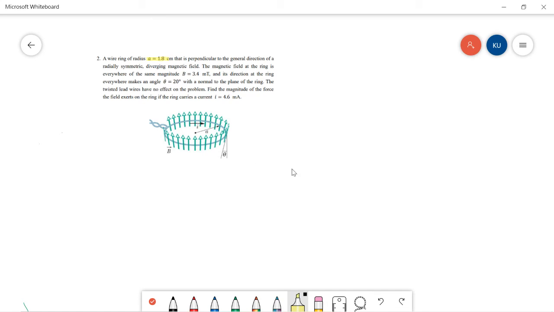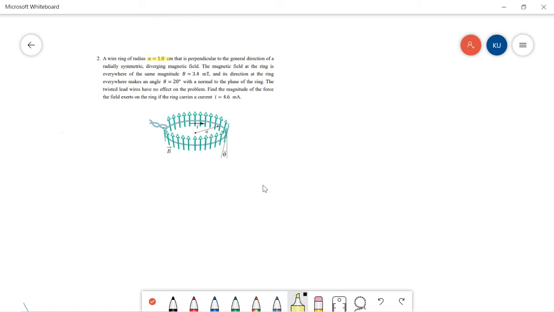If you can imagine extending the B field lines, they will join at a point quite far away, because this is 20 degrees.